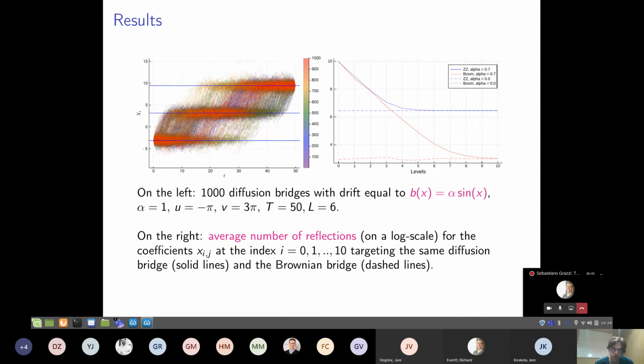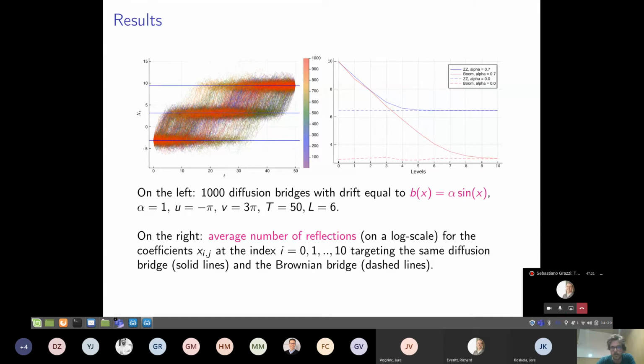Here are the results. Here we ran the factorized Boomerang Sampler, and then we extracted 1,000 diffusion bridges from a diffusion bridge with the drift given by alpha times the sine function, which creates these attraction points at minus pi, 3 pi, etc. So as you can see, it is quite a challenging diffusion bridge because it's very nonlinear.